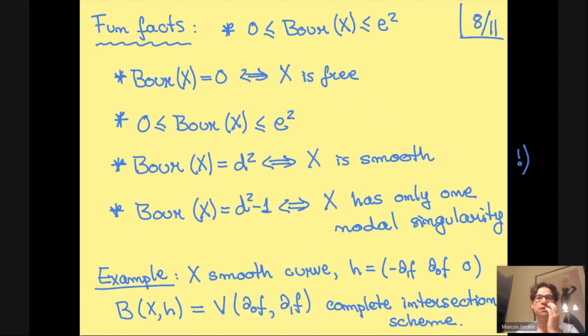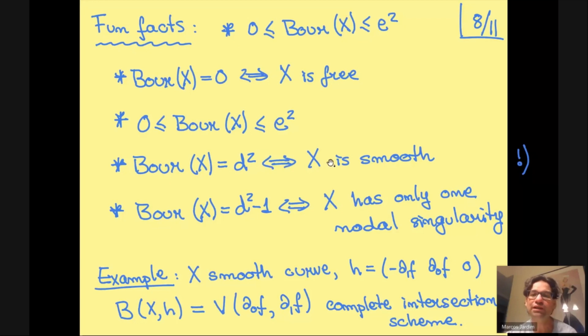Good. So some facts about the Bourbaki degree. The Bourbaki degree is always between 0 and d squared, where e is the initial degree for the curve. In some sense, it characterizes free curves because the Bourbaki degree is 0 if and only if the curve is free. On the other hand, the maximum possible value of the Bourbaki degree is d squared, and that happens precisely when the curve is smooth.